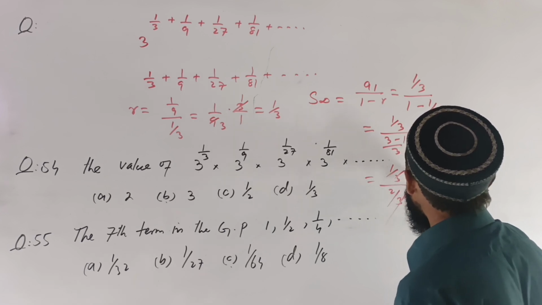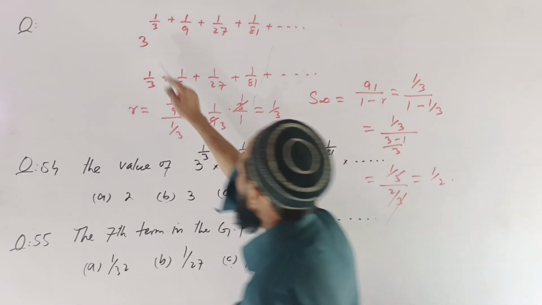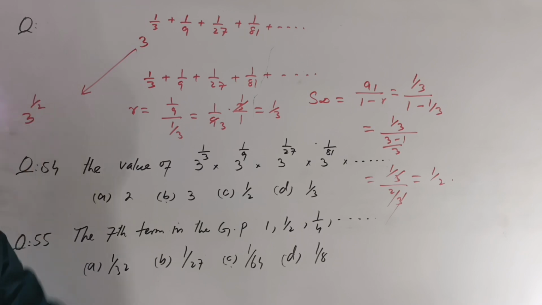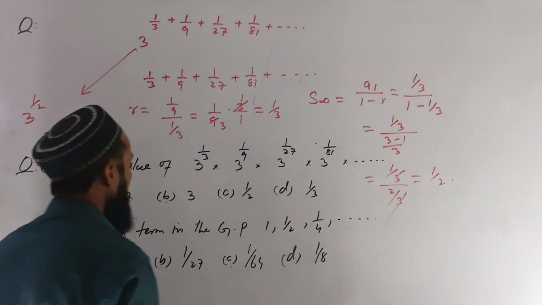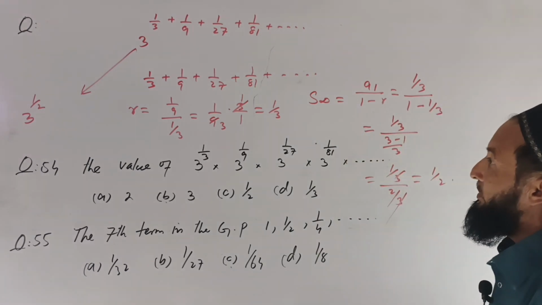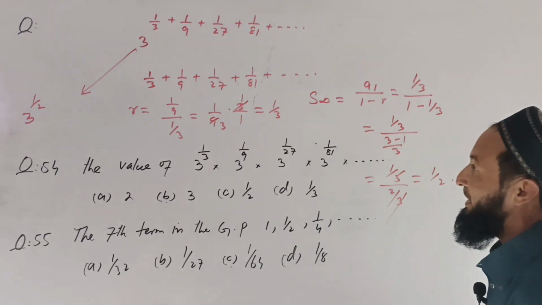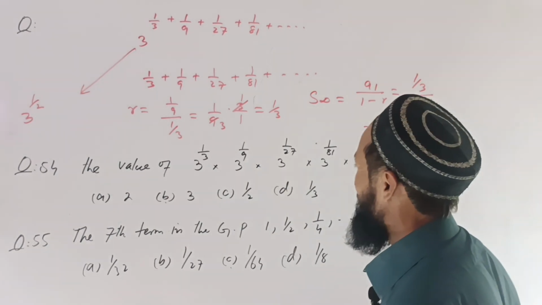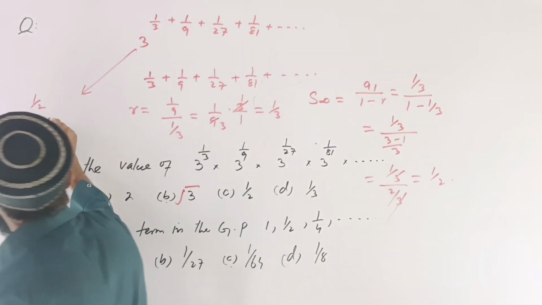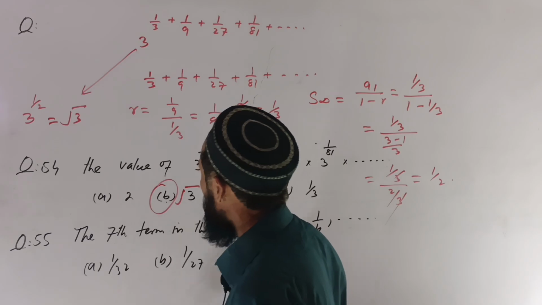The 3s cancel, and we get 1 by 2. So the base is 3, and we can write 3 to the power 1 by 2. The option is not given in that form, so if we change the answer, we write the square root of 3, which is equal to 3 to the power 1 by 2. Option B is the correct answer.